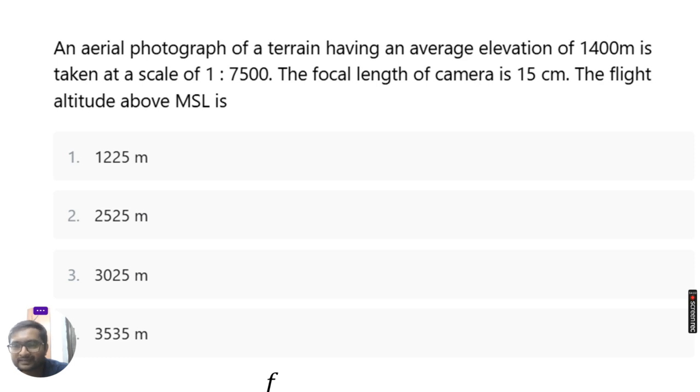Then the flight altitude above mean sea level is what? So you have to find out which variable you have to find here. Can anyone say? The capital H, as in the previous question. Okay, so do the calculation and give me the right answer. You can write your answer in the comments also. I'll give you 2 minutes to do the calculations and give me the right answer.